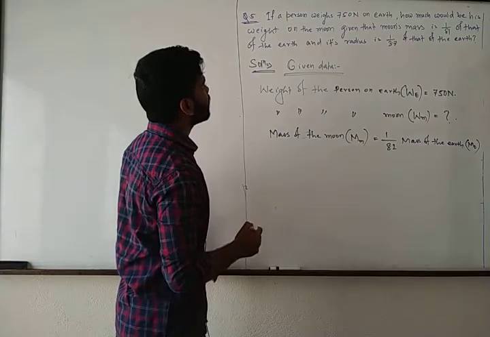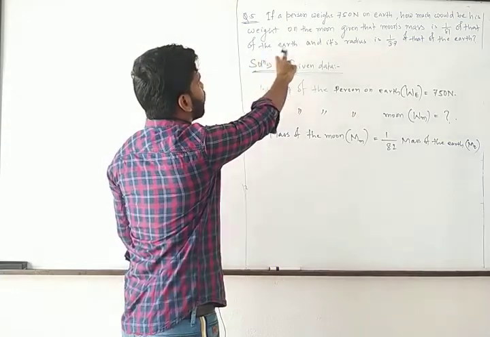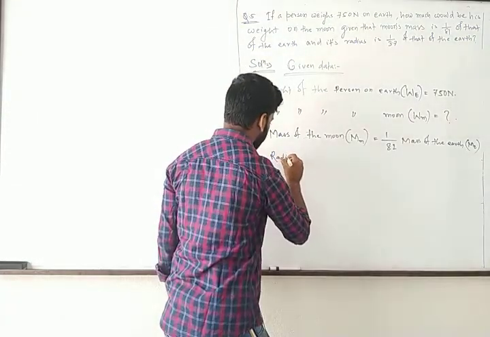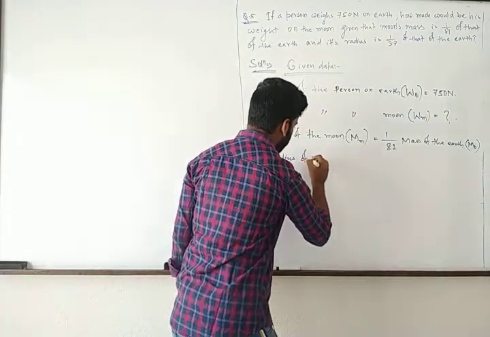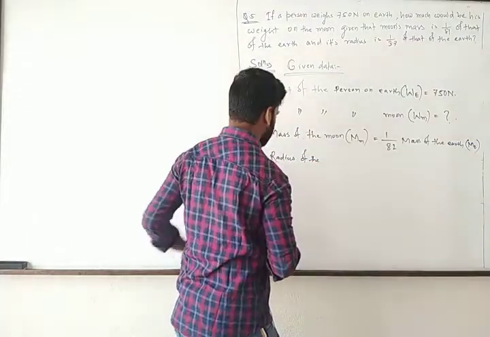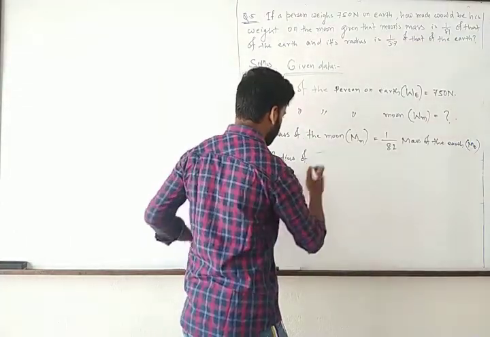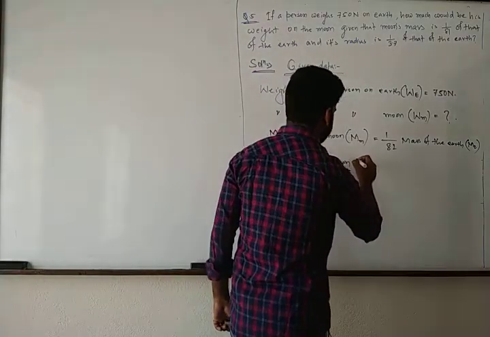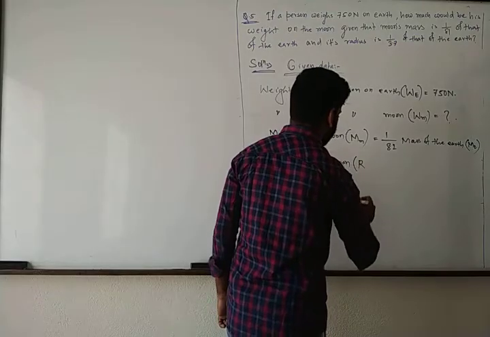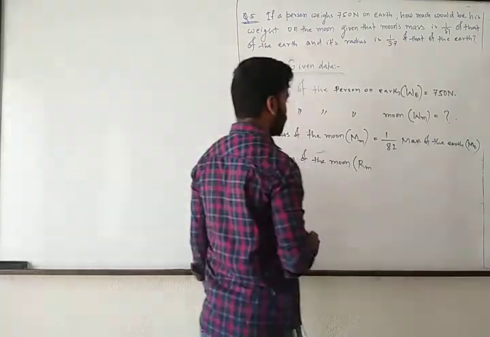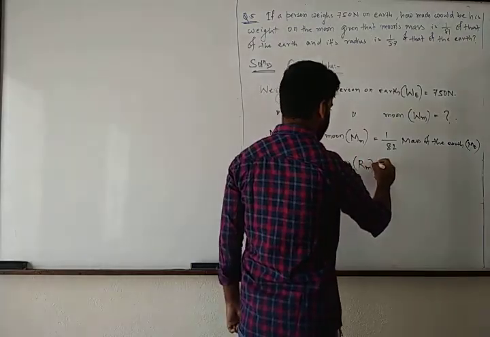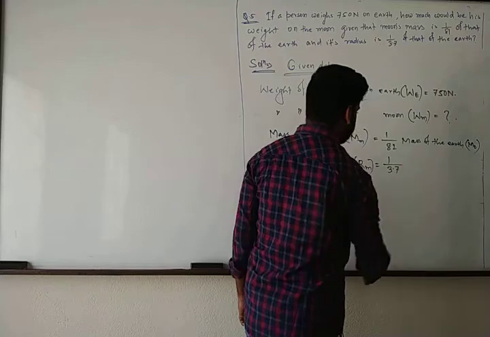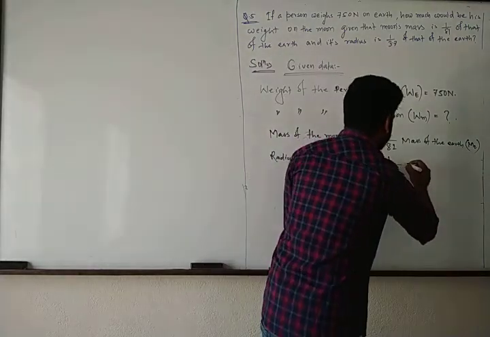Similarly, we can write radius of moon, let it be R subscript m, it is 1 upon 3.7 times that of the radius of Earth.